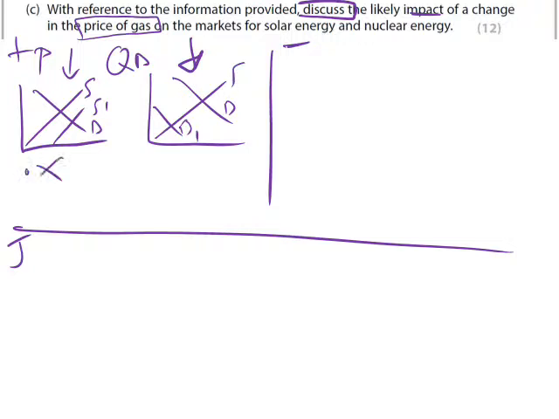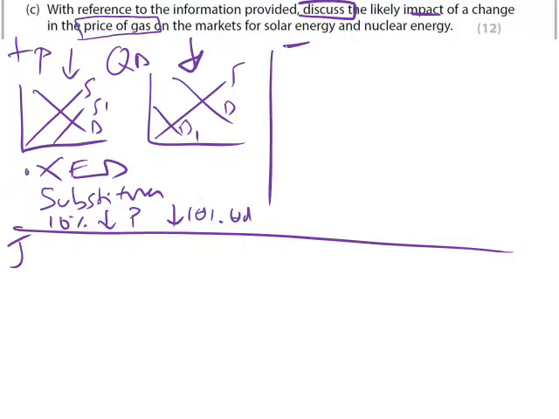You could link it through XED as they are substitutes. So potentially a 10% fall in the price of gas could lead to a 10% fall in the quantity demanded of nuclear or solar.